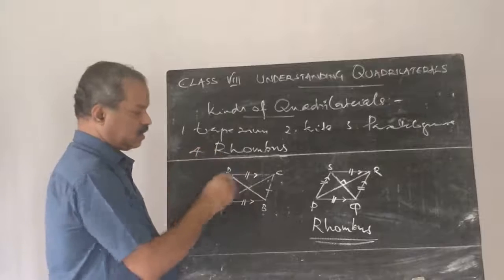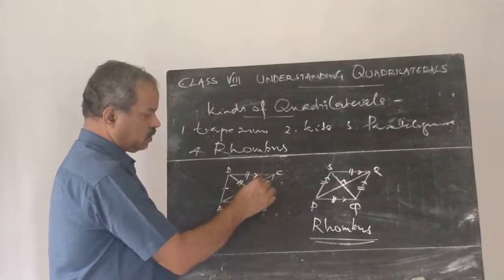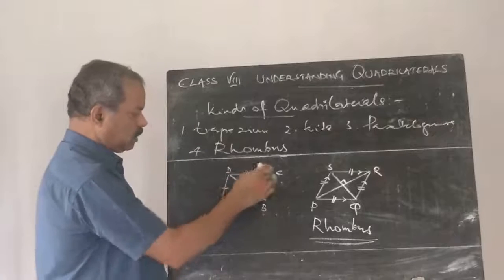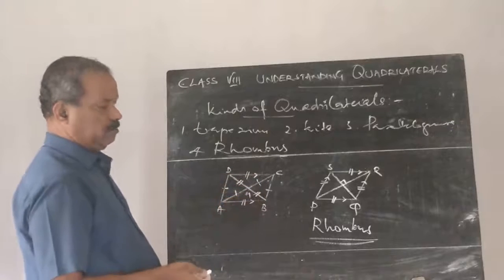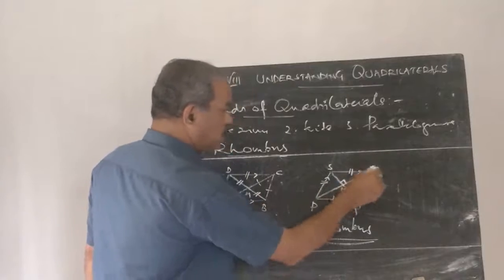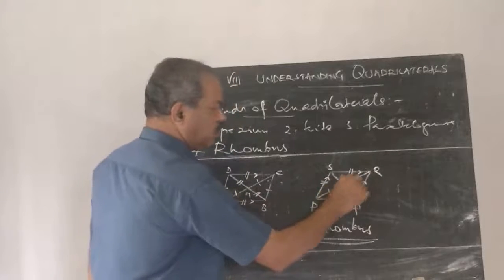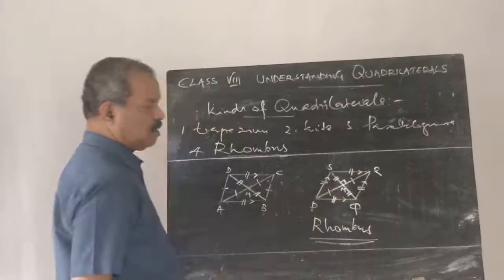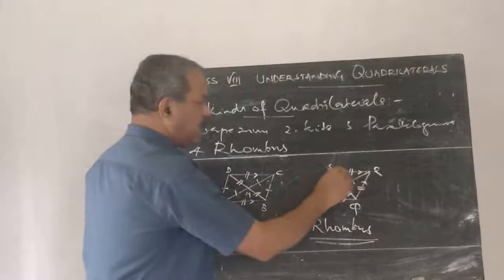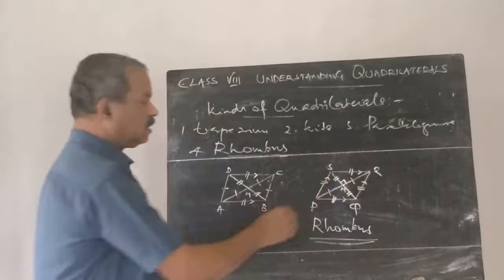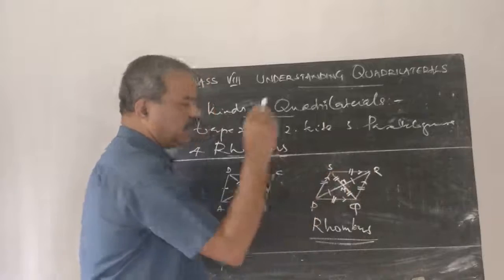They bisect each other. That means AM equal to CM, DM equal to BM. Here PM equal to RM, SM equal to QM. Also, the four angles at the midpoint are 90, 90, 90, 90.